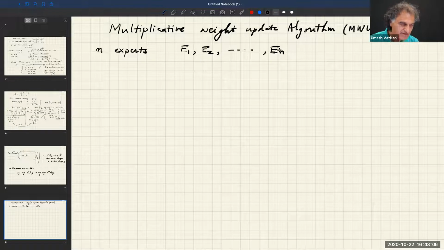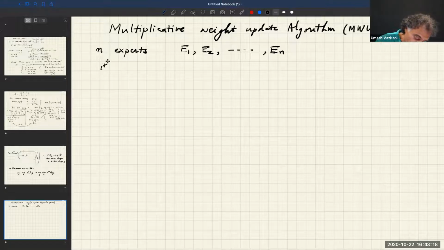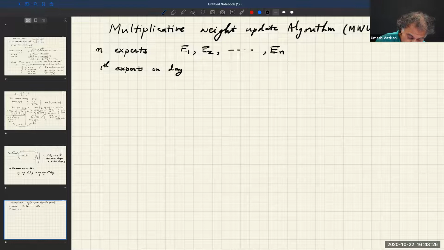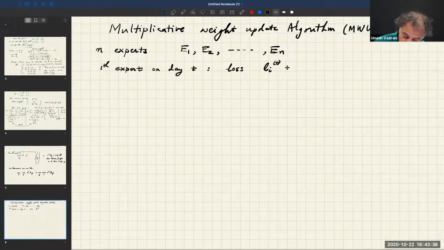So let's say that each day, if you choose to follow the advice of the ith expert on day number t, then you suffer a loss of L sub i of t, which is a number between 0 and 1.